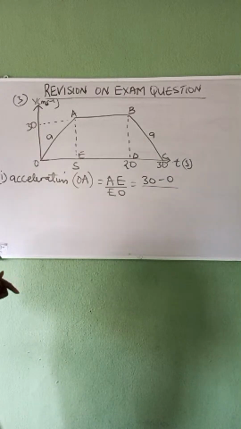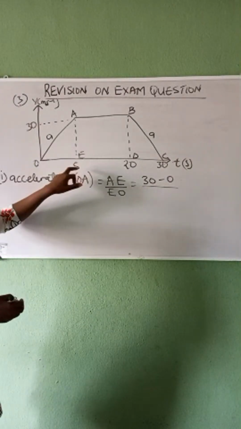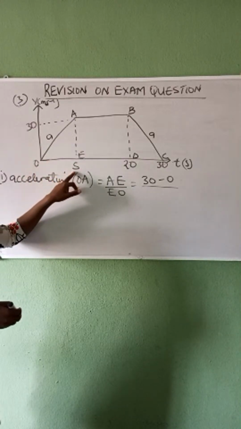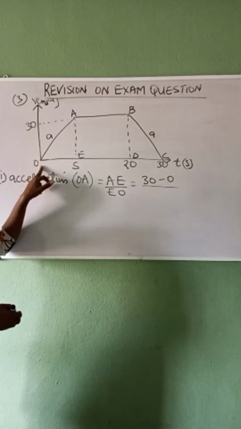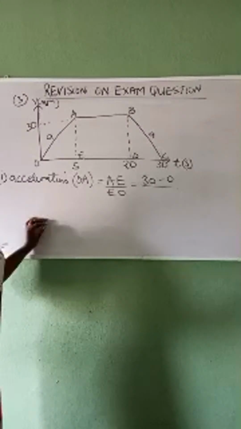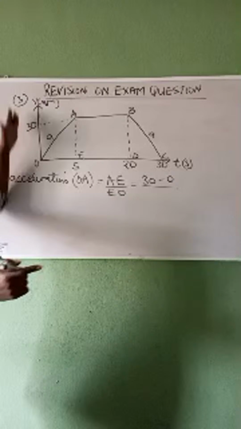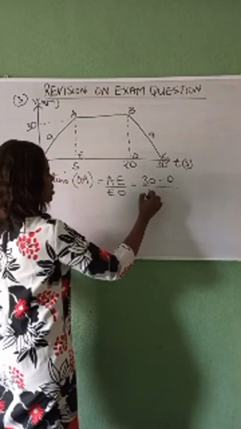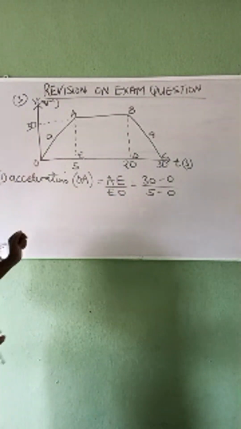Okay? Right. Then here, I have my EO. My E here is 5, while my O here is 0. Is that clear? Change in velocity over change in what? Time. So this is 5 minus 0. Do we understand?